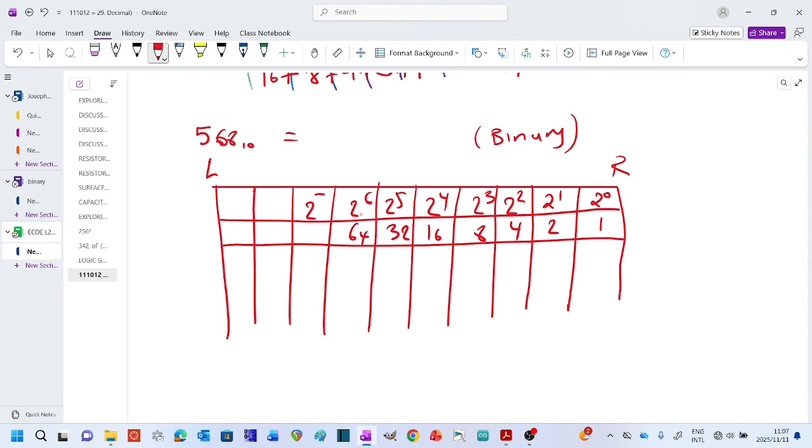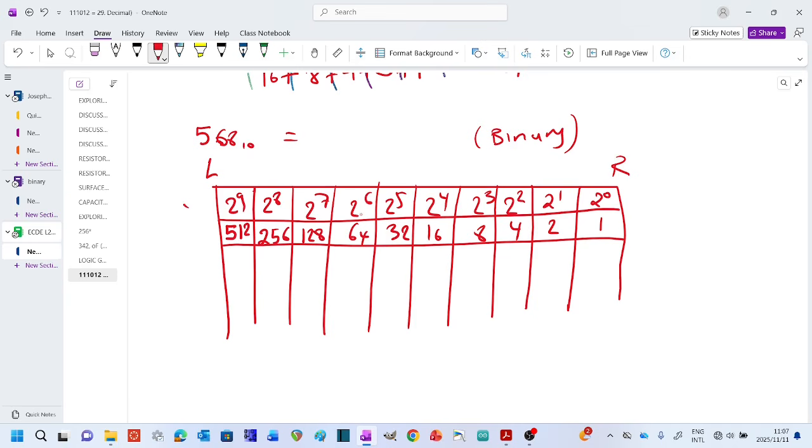2 to the power 7 is 128. 2 to the power 8 is 256. And 2 to the power 9 is 512.